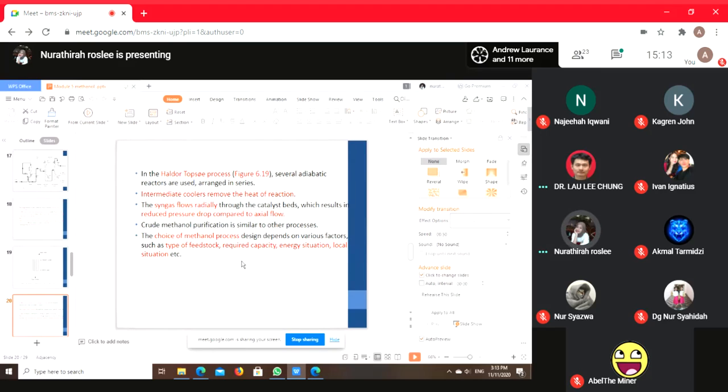The answer is naphtha. Naphtha is like a hydrocarbon, so naphtha also can produce syngas. Natural gas also can produce syngas. But if you use naphtha, there are many other things inside, so you need extra treatment.